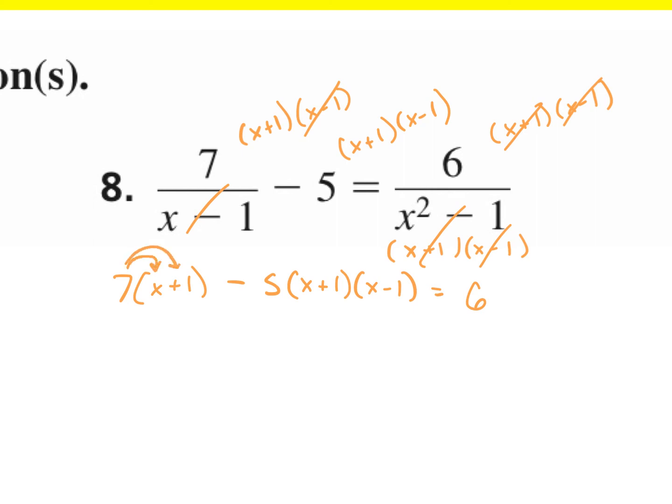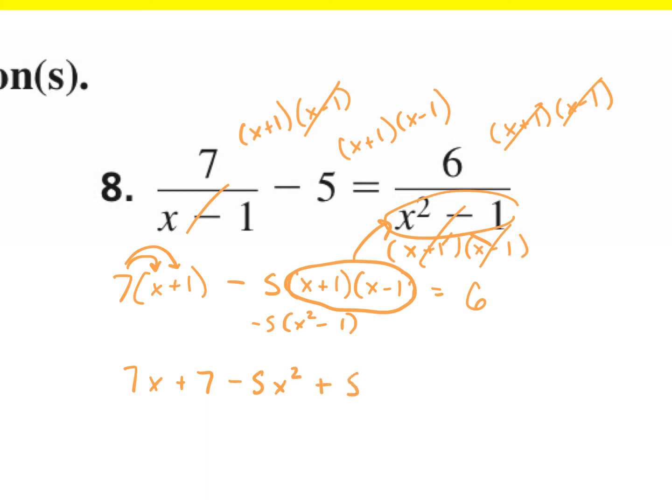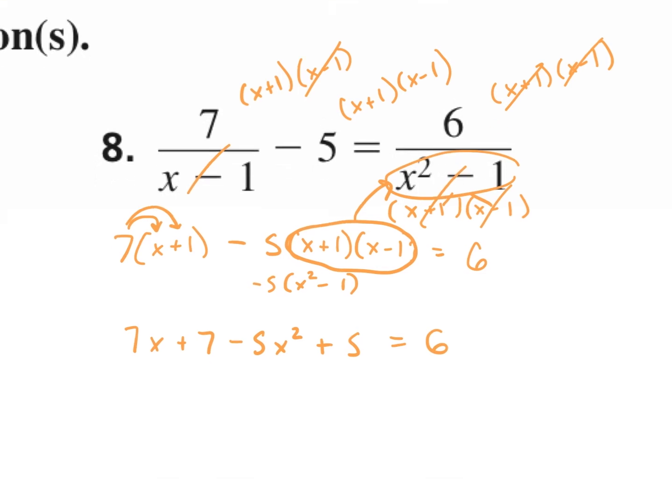So we have 7x plus 7. When we multiply these out, we just factored this here to get those two. So we know when we multiply them out, we're going to get this x squared minus 1. So this would be negative 5 times x squared minus 1. Distribute that negative 5 out, so we get negative 5x squared. Negative 5 times negative 1 would be plus 5 is equal to 6.